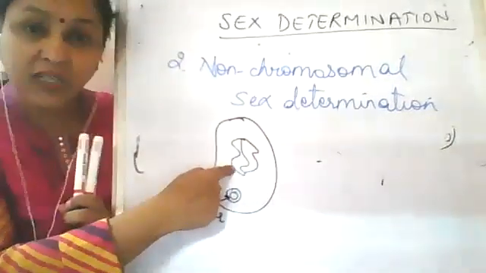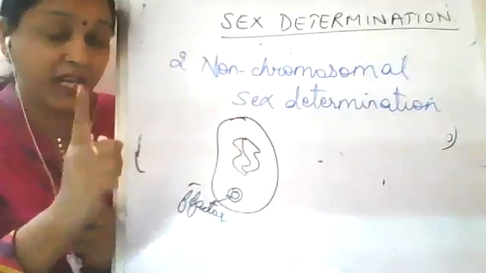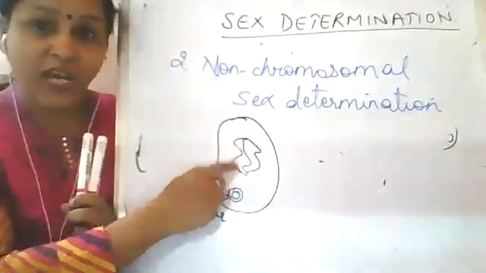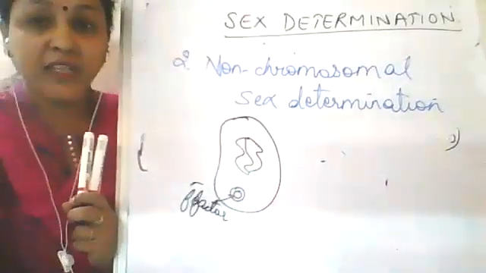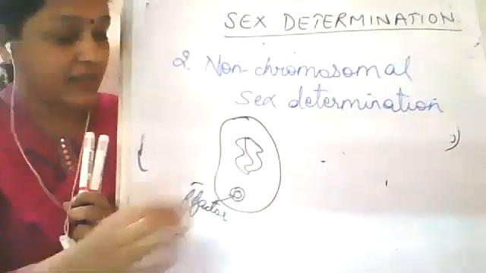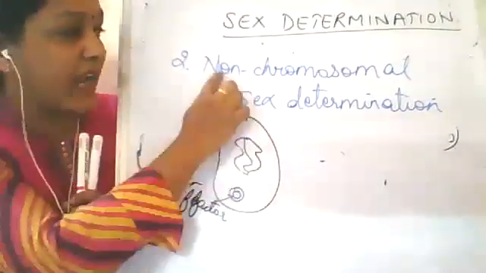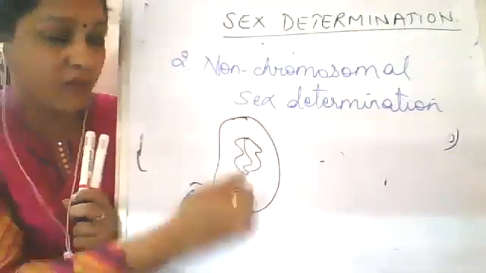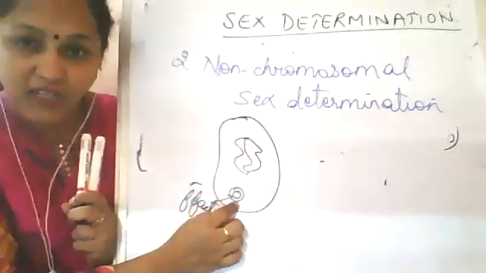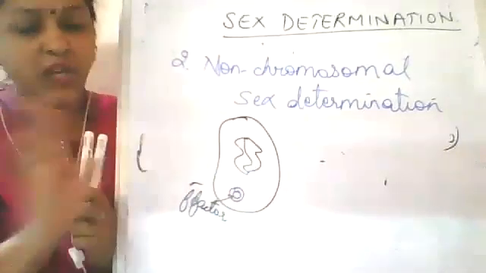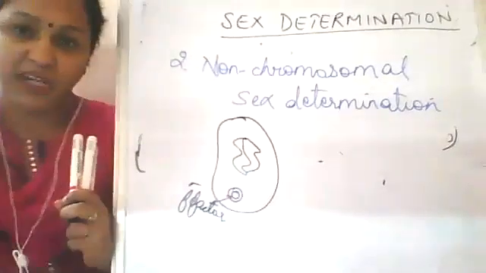So the main chromosome is not determining the gender of that organism. It is any other gene present extra from the chromosome that is determining the gender. So the only example is bacteria, F plus and F minus.